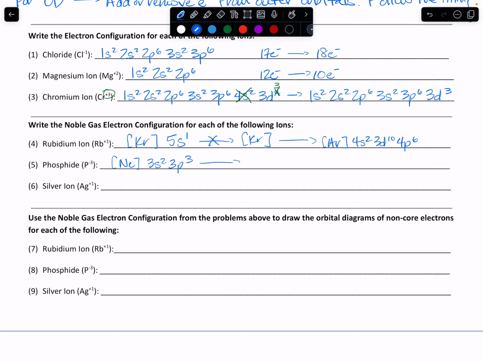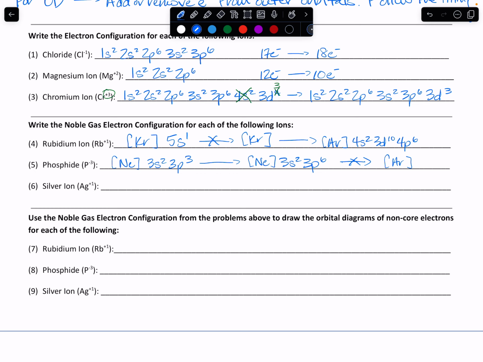So what I'm going to do is just rewrite this and put those 3 electrons into that 3p sublevel. So it becomes 3p6. Do not just look at the end of that row and write argon. You need to write the noble gas on the row above, and then that particular electron configuration. So you should never have just brackets with the noble gas in it.